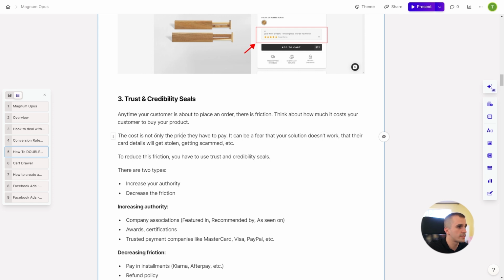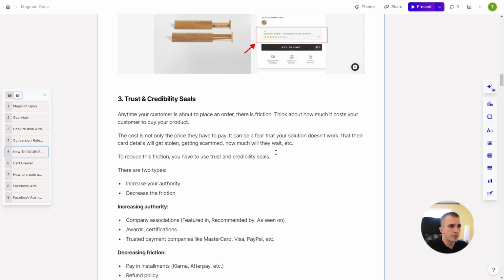The cost is not only the price they have to pay, not only the money. The cost can be, for example, the fear that your solution doesn't work, that their credit card details will get stolen, or that they will get scammed. As well, how long will they wait for your solution?